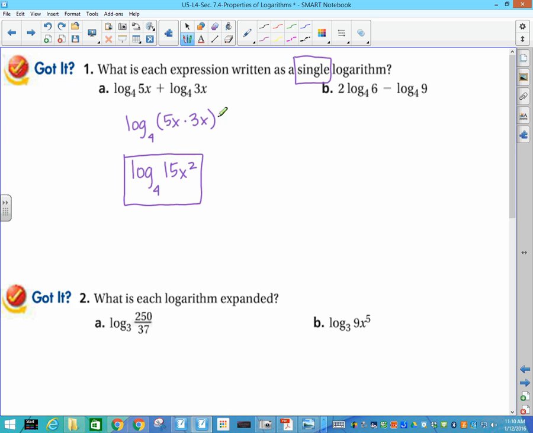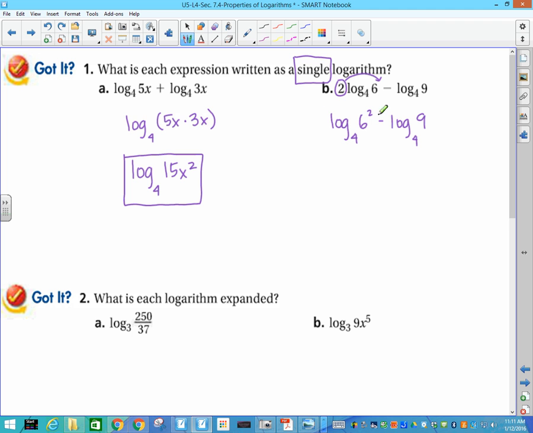Okay, look at our next one. You can't bring them together, addition to multiplication or subtraction to division, unless it just says log and log. So if you have a number like this in front, you have to move it to be your exponent first. So our next step here would be the log base 4 of 6 squared minus log base 4 of 9.